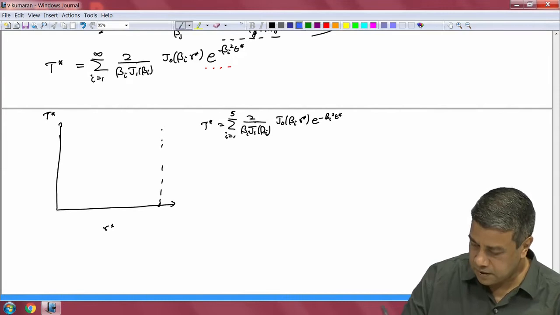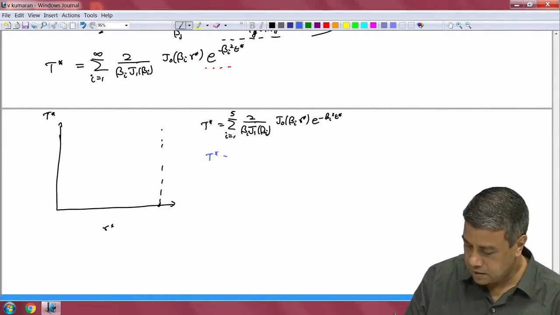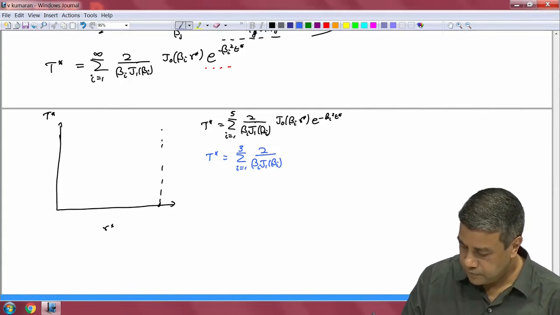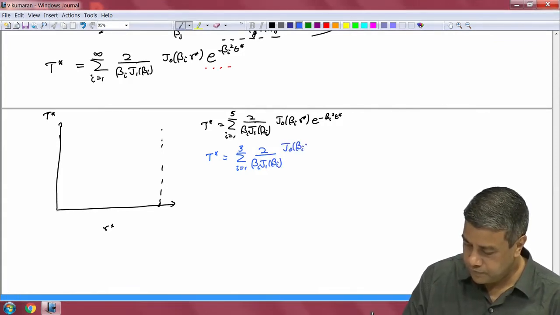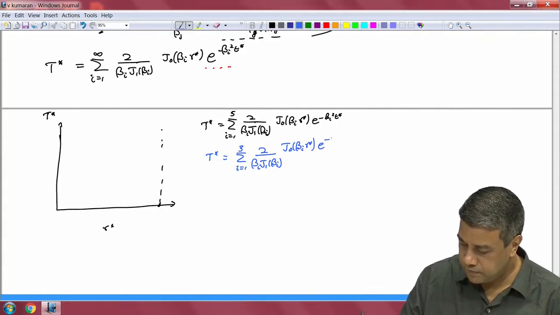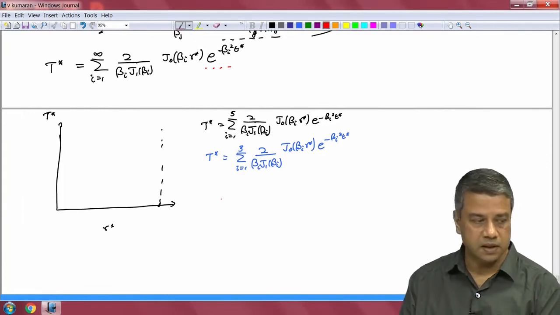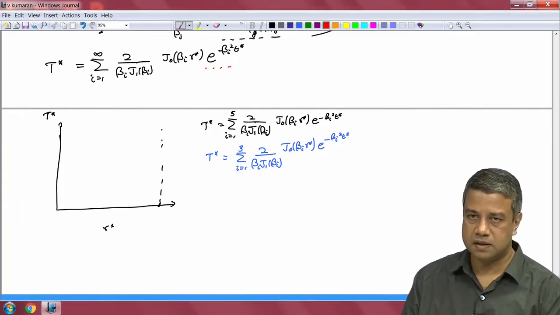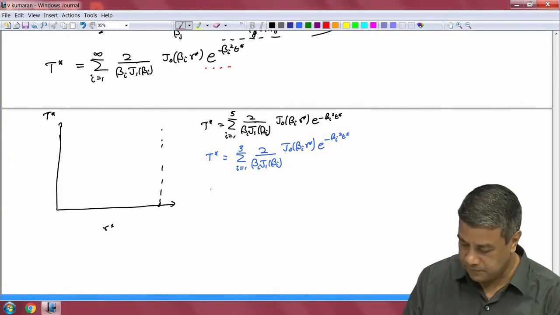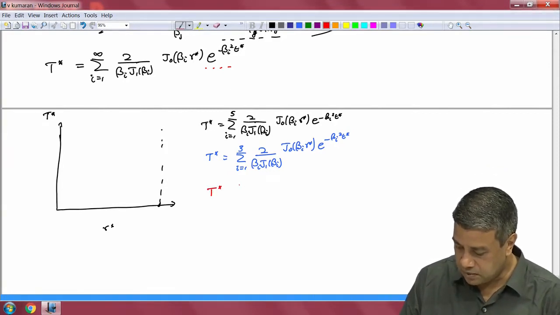The second is where I include 3 terms, each of those terms corresponding to a beta that has a 0 crossing, J naught of beta I equal to 0. In the third, I just include one term, that is 2 by beta 1 j 1 of beta 1.